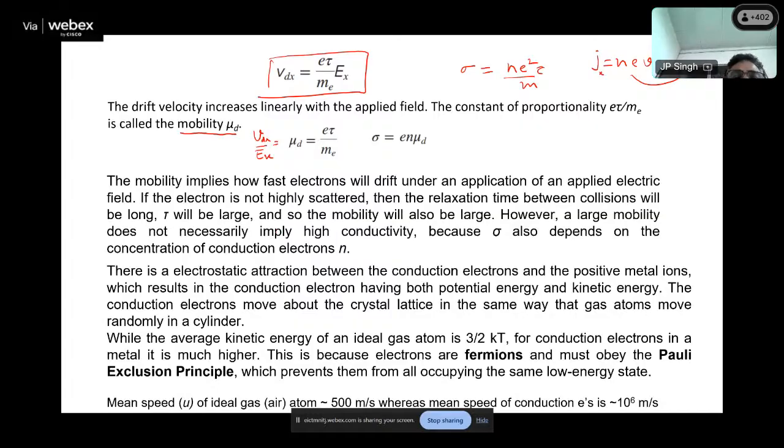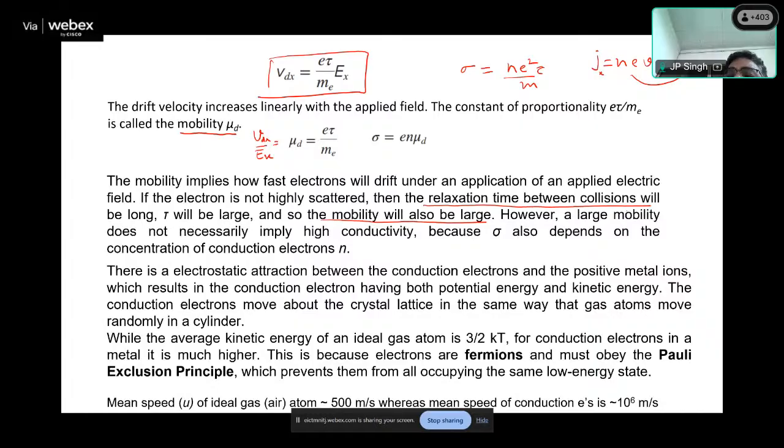If the electrons are not highly scattered, meaning the metal has fewer scattering events, then the relaxation time will be large, and that will also make the mobility large. Less scattering means a higher relaxation time, and the mobility will also be larger.